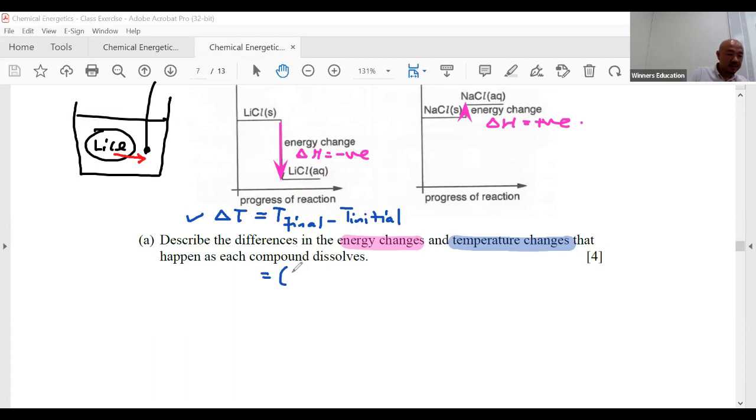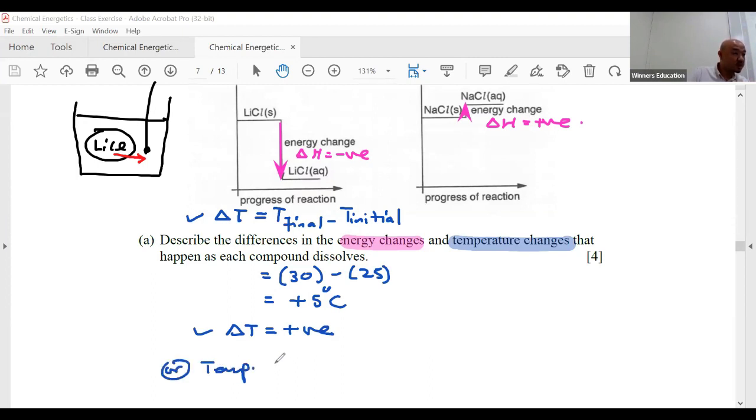So whatever value, say 30 minus initial, room temperature 25, this is a positive 5 degrees Celsius. Make sense, everyone? Yes. So in my answer, I will write that delta T, just like delta H, is positive. Or alternatively, you can just say the temperature increases.